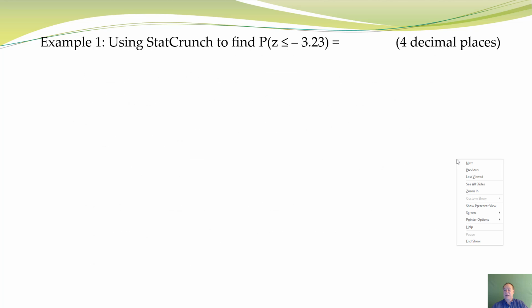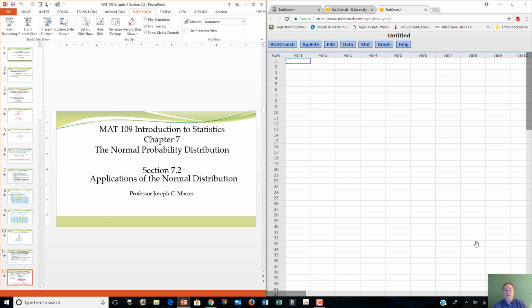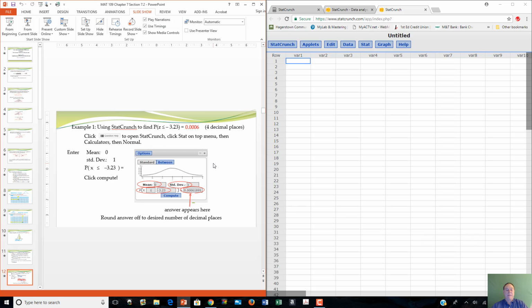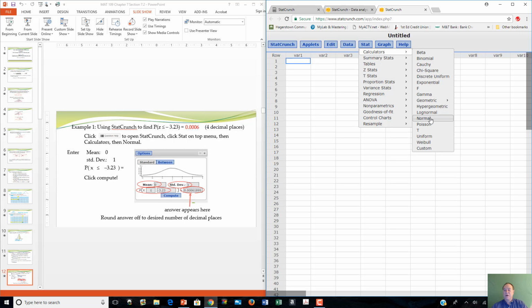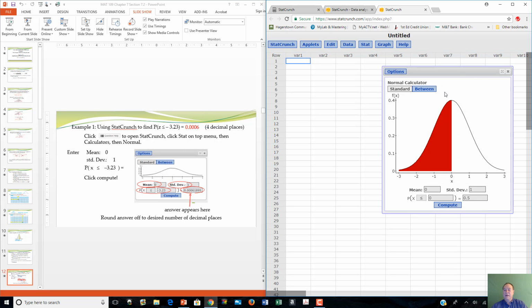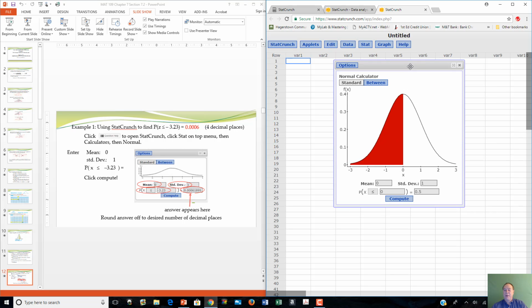Now, let me look at this problem. We had found earlier that this was 0.006. Now, using StatCrunch to find it, first you open StatCrunch. I've already got it open. Then you would click Stat on the top menu, highlight Calculators, go down and click on Normal. So you have this picture show up.